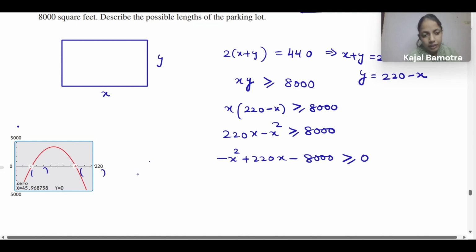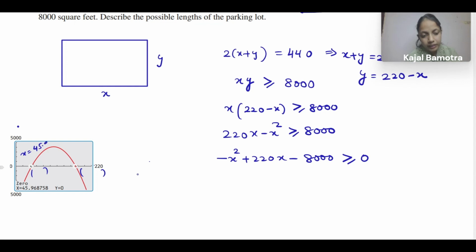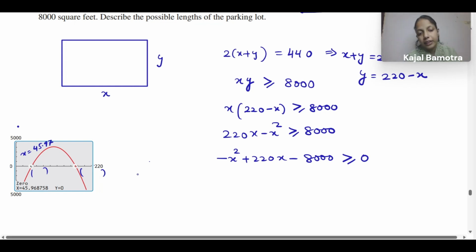Here the x value is 45.967. If I round off, it becomes 46. And this value is 174.03 something. This is another value. You got these two values.